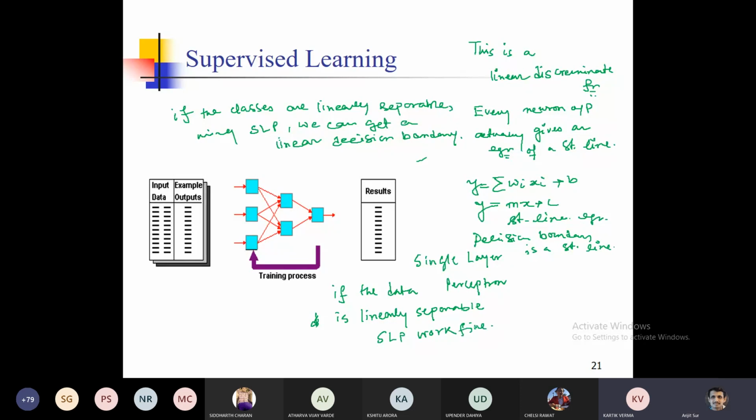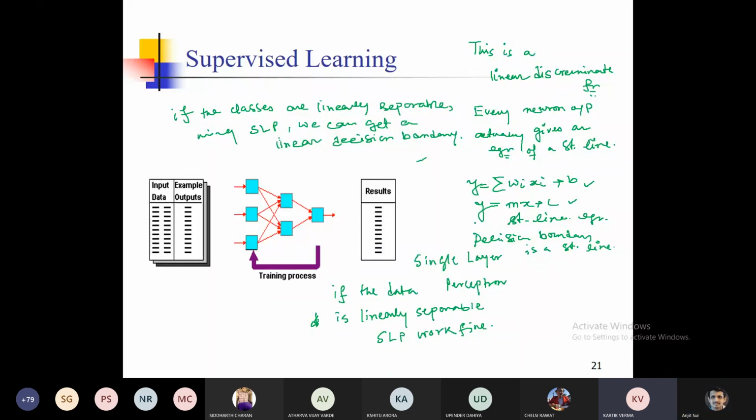So that is very important, because you see that this particular thing, wixi plus b, is a linear equation. This is kind of a straight line equation.